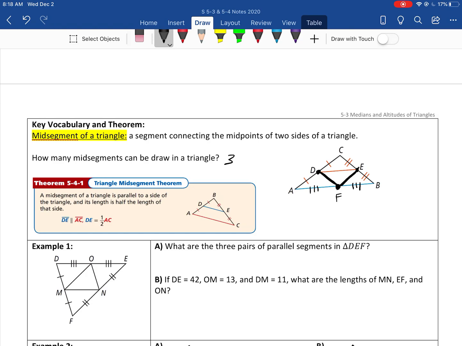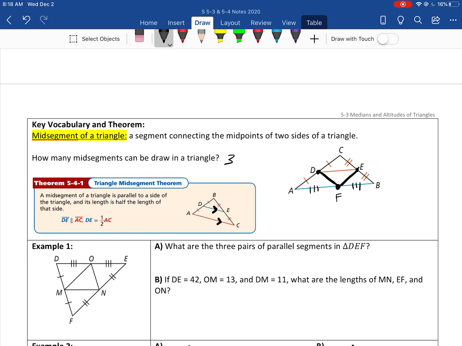Okay, this next part's important. Your midsegment theorem says that your midsegment is half the length of your opposite side, okay? So DE is going to be half the length of AC. The other thing you need to know is that the midsegment is parallel to its opposite side.